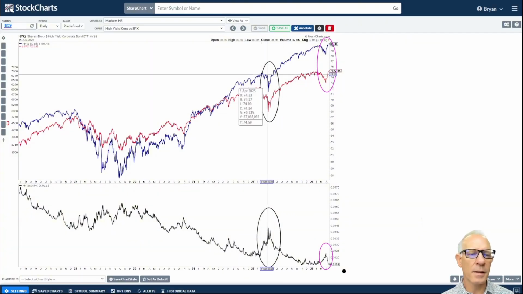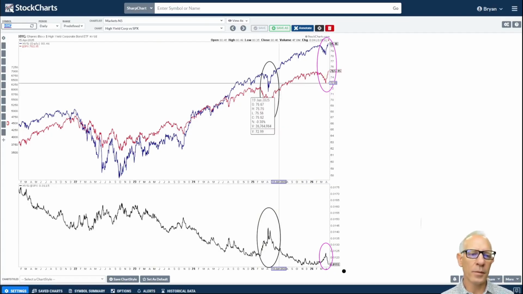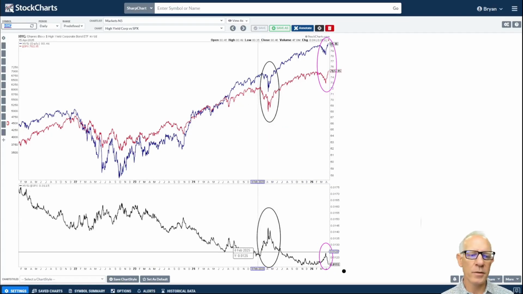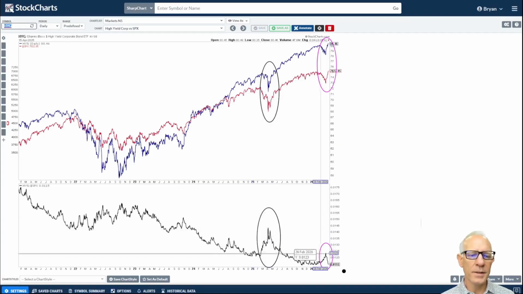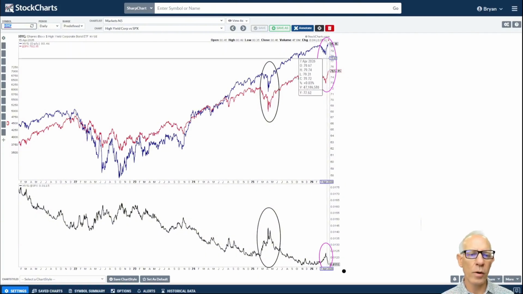It's not to say that you go into high yield when the market's dropping, but what it's saying is that when the market drops, high yield drops as well, but it drops less. So the relative performance of high yield outperforms the S&P 500 in a downswing.